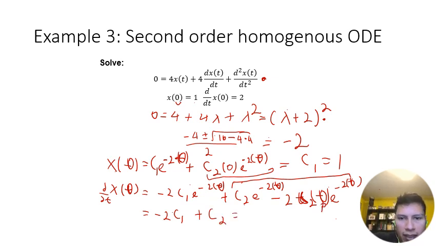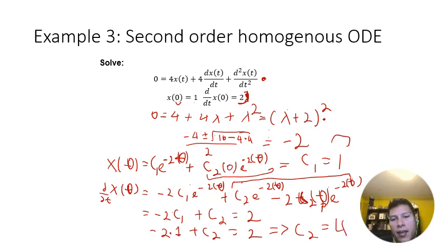That should be equal to the other initial condition, which is 2. We know that C1 is equal to 1, so we have negative 2 times 1 plus C2 equals 2, and that gives us C2 equals 4. Okay, so that's basically it. In the next slide, I go through the full process.